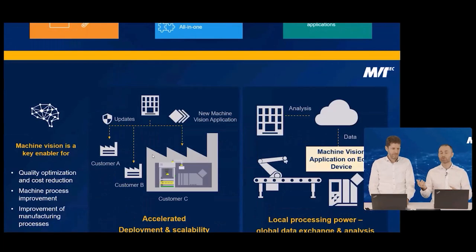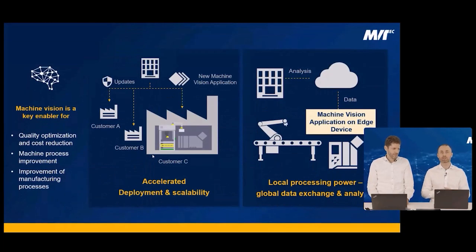So then before handing over to Ulf, you might ask, so what role does machine vision actually play in the ecosystem, and why is it important, as I mentioned before? So what we see is it's a key technology for all kinds of use cases, and for edge computing, such as quality optimization, cost reduction, the improvement of machine processes, but also manufacturing processes.